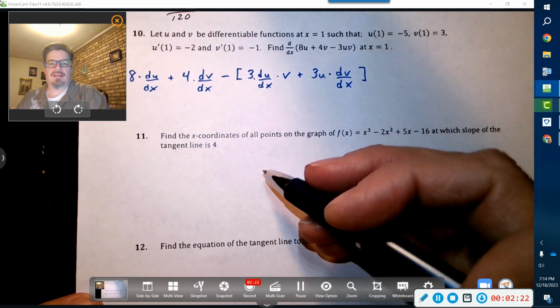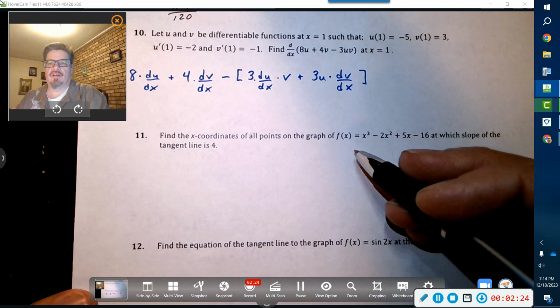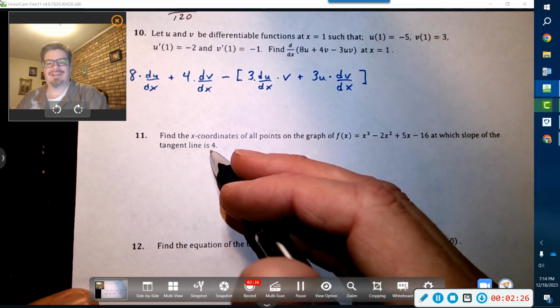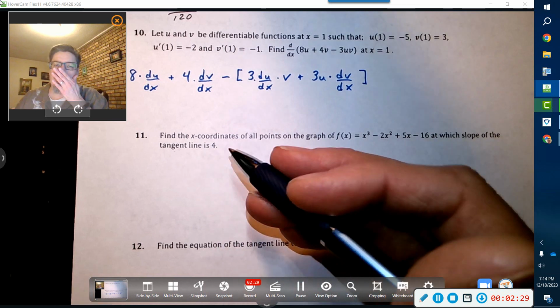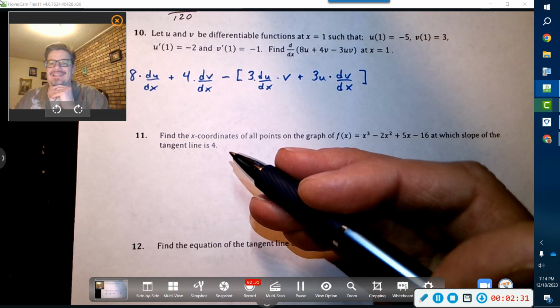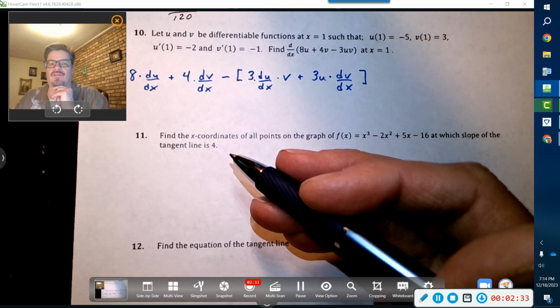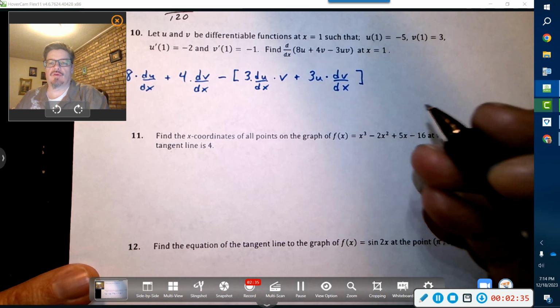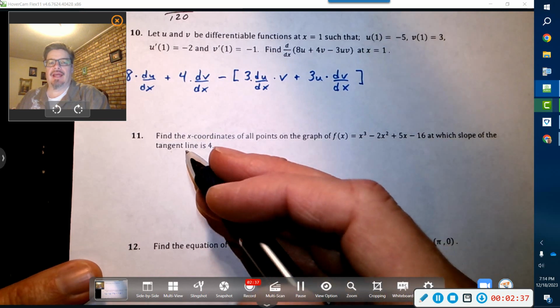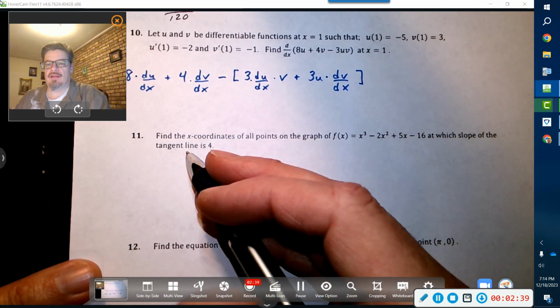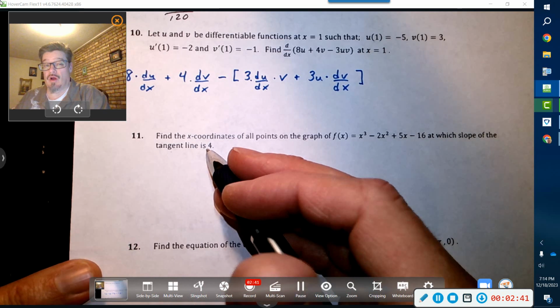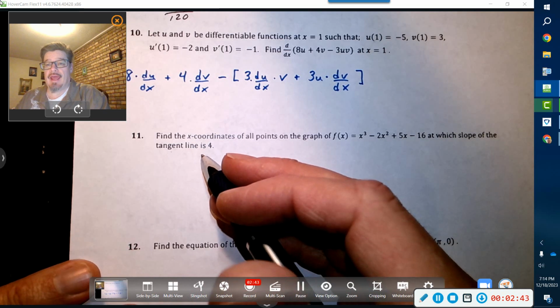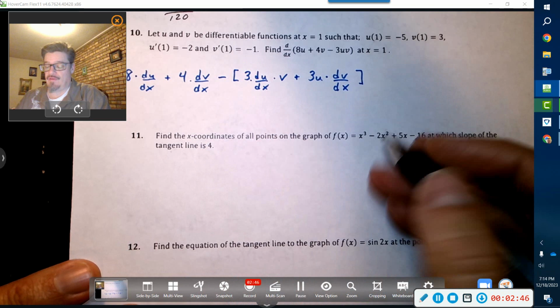This one is find the x-coordinates of all the points on the graph here at which the slope of the tangent line is 4. Okay, so the slope of the tangent line is 4, and they just want the x-coordinates. So let's go ahead and find the derivative of this guy.